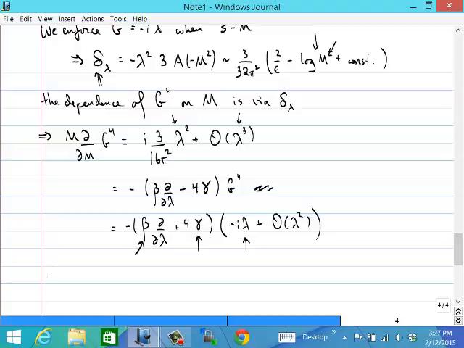So if I've done everything correctly, in lambda phi 4 theory, you get a beta function which is 3 over 16 pi squared times lambda squared. Good. And again, that'll be, of course, plus order lambda cubed.